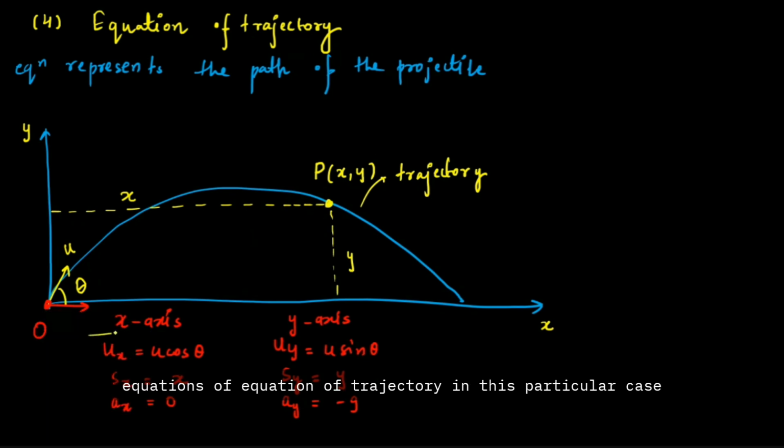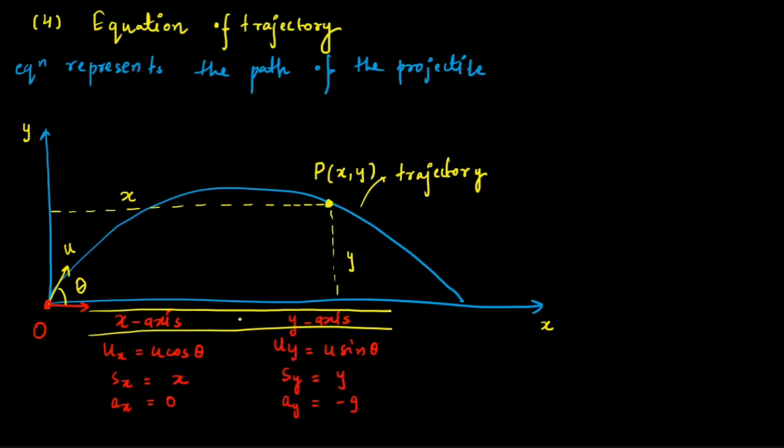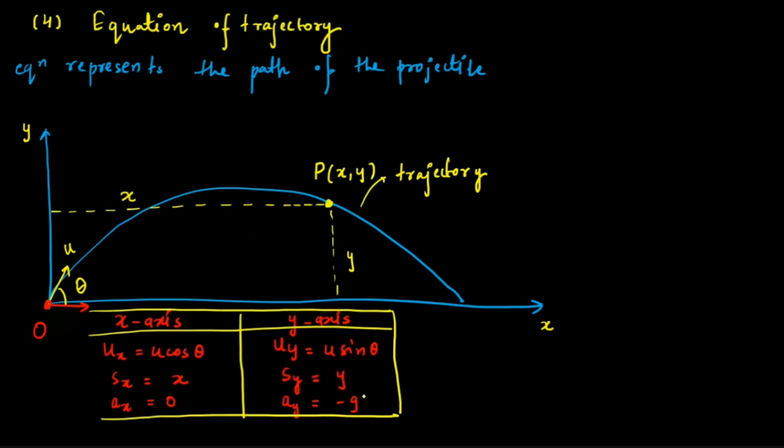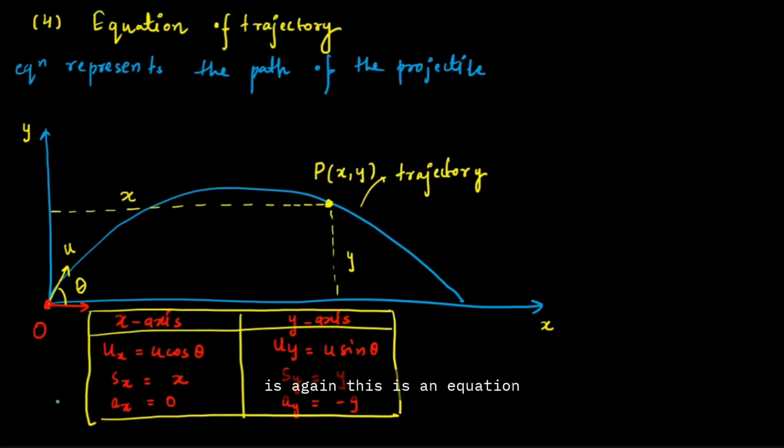In this particular case, always remember, whenever we are talking about the equation of trajectory, we are actually trying to solve the motion along the x and y axis in one case only. So what exactly is the equation of trajectory? Again, this is an equation which actually represents the path of the projectile.